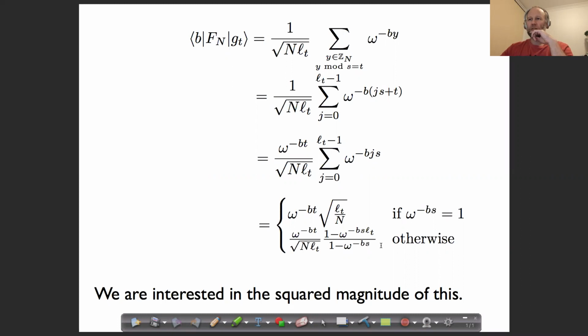So a geometric sum with factor omega to the minus bs gives you this part here. So that is the amplitude on the bth entry, and we're interested in the magnitude squared of that.